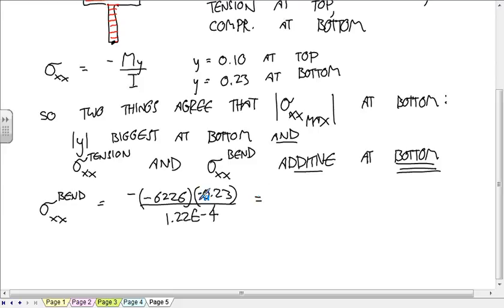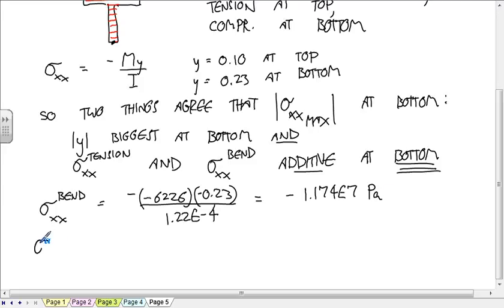The y value is negative. And so what do you get here for the XX stress? You're going to get a negative value times 10 to the 7.